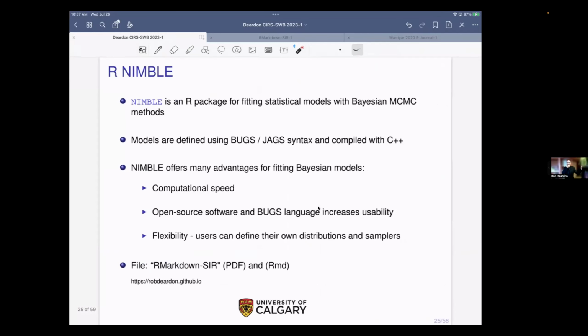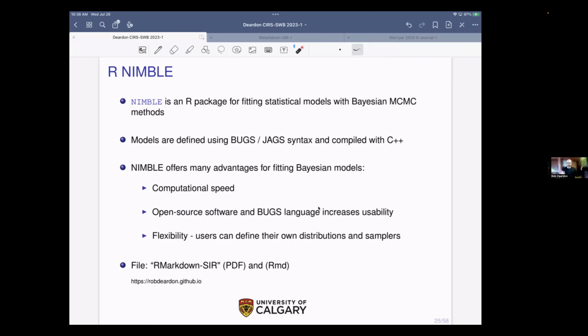Now, the way we've been doing this recently in my group is using what's called Nimble. So Nimble is an R package, well, essentially a language for fitting statistical models in the Bayesian framework using Markov chain Monte Carlo predominantly, right?